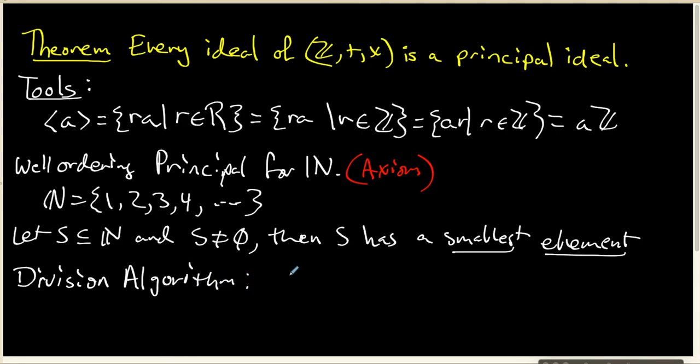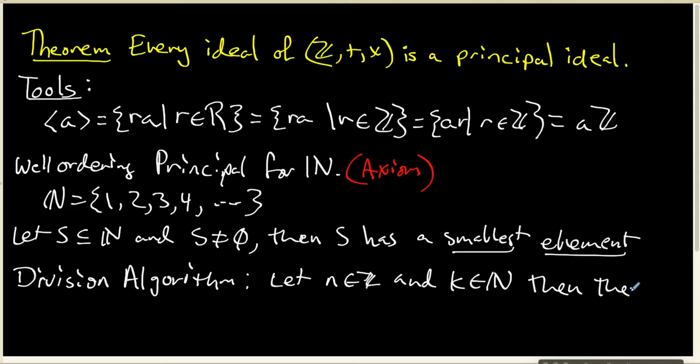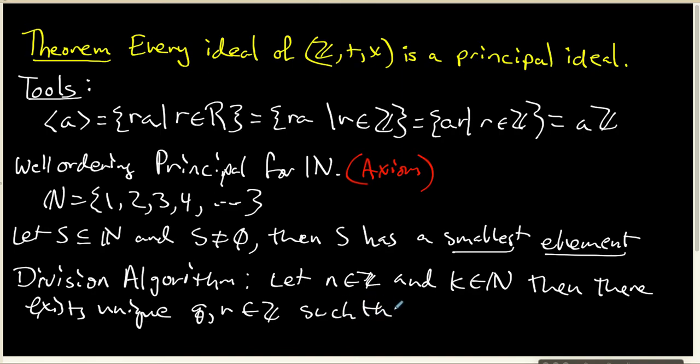If I let n be any integer and k is any natural number, then there exist unique integers q and r such that two things hold.